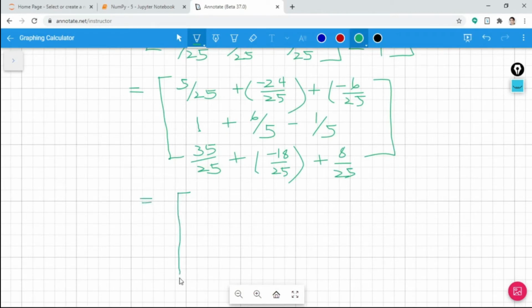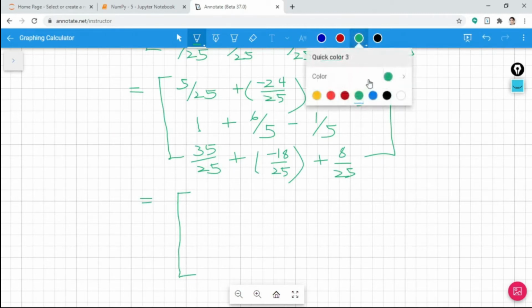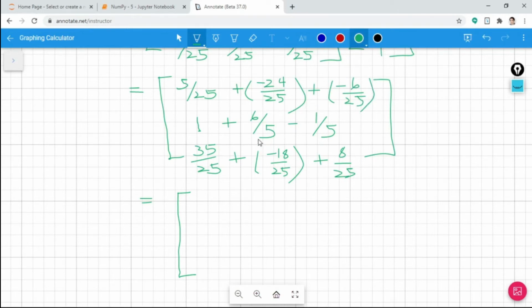So to simplify this one, the value here is, if we multiply this one, this one is negative 30. So plus 5. So this one is negative 25.